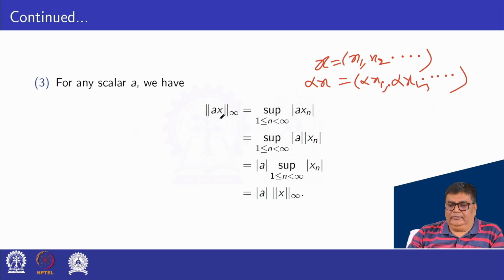So norm ax can be written as the supremum of mod a mod xn. Here mod a is free from n, so we can write mod a before the supremum of mod xn. The supremum of mod xn can be written as norm x. So norm ax equal to mod a norm x.